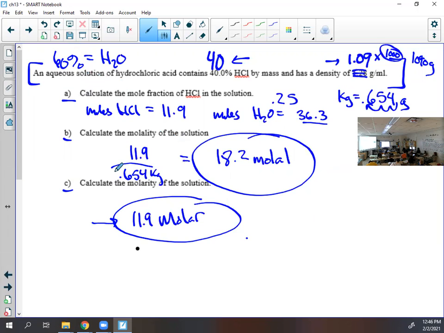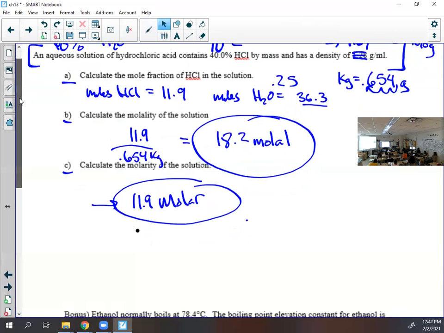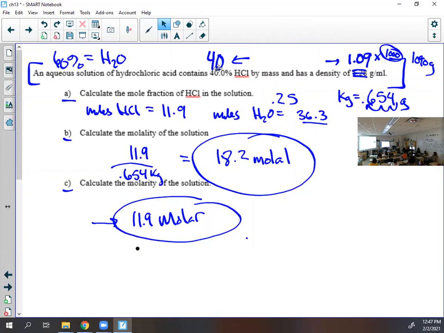Not awful. By the way, this is how I buy it. When you buy hydrochloric acid, it comes as 12 molar, so we're really close.